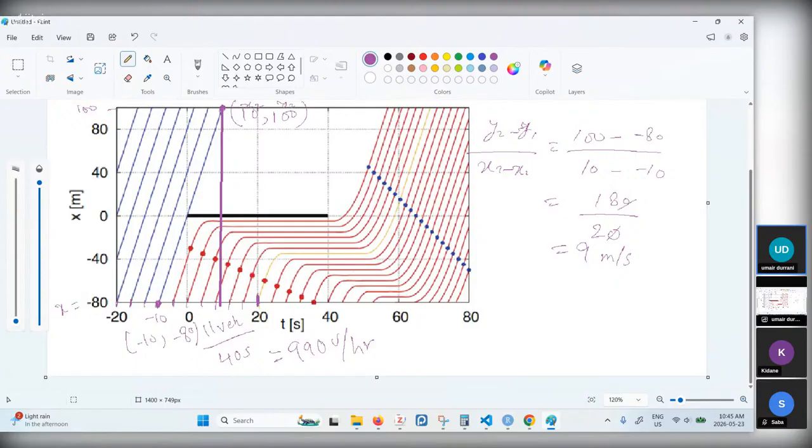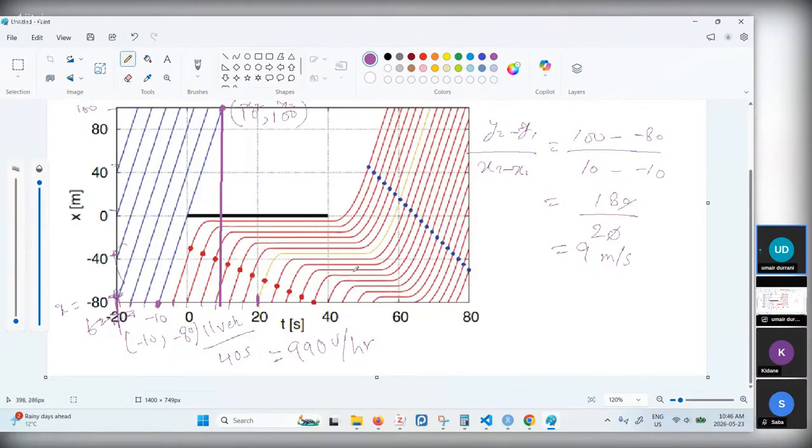And if we also want to estimate the density, we do that at a particular time. So let's take this line that is t equals to minus 20 seconds. At this point, we count this vehicle, 2, 3, 4.